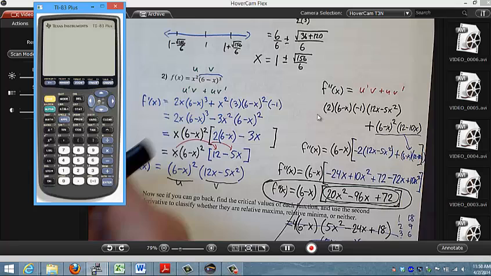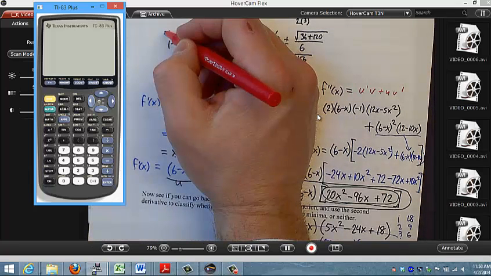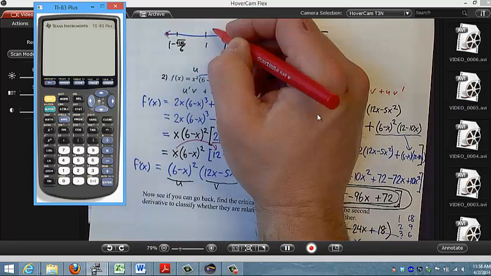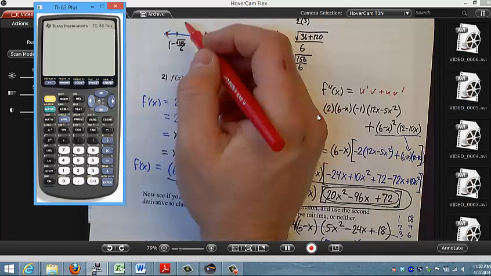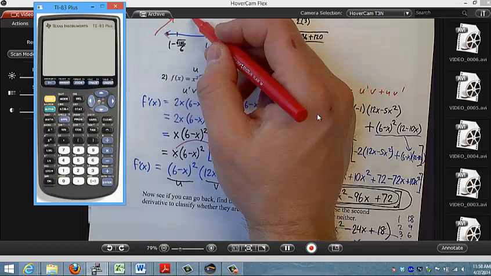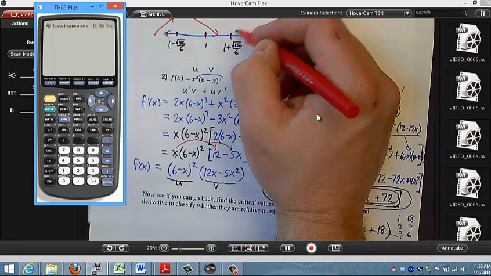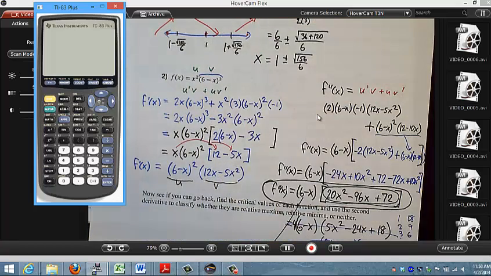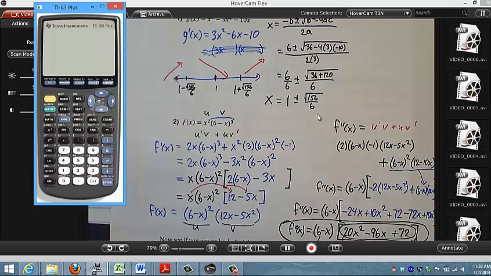So you'd have to then pick 3 test points. But it turns out that this one's nice. It goes up, and then it goes down, and then it goes up. And so that's basically the picture we're going to get. Yeah, I want to move on. You do too.